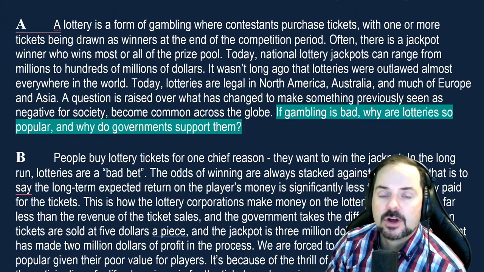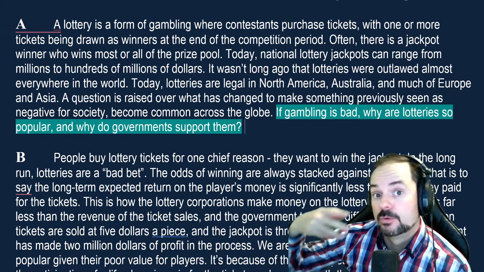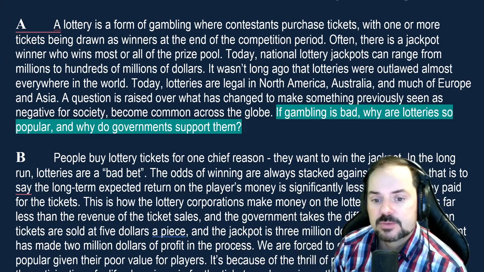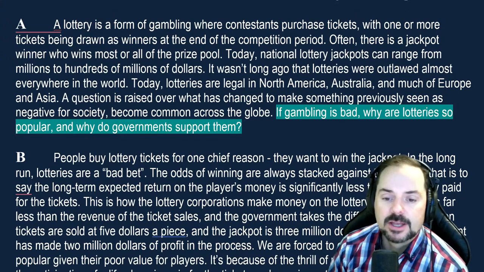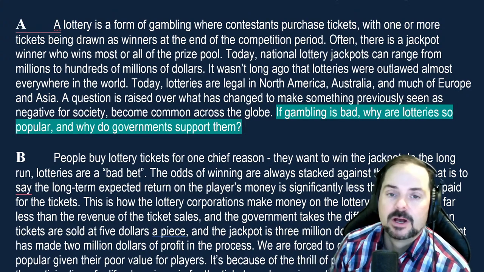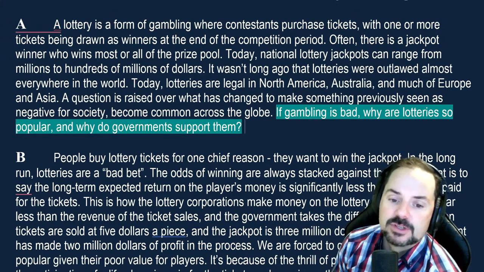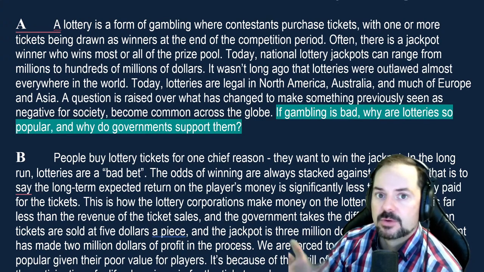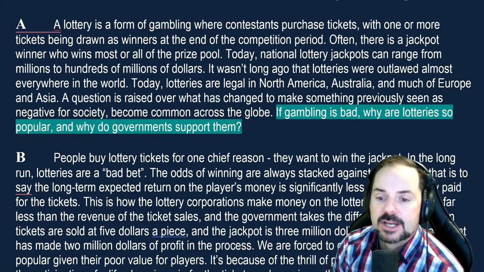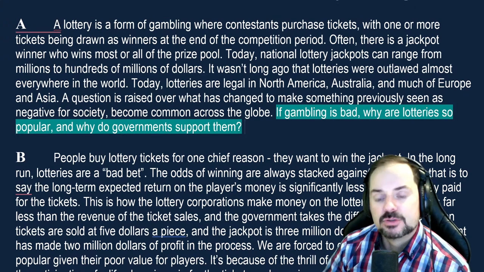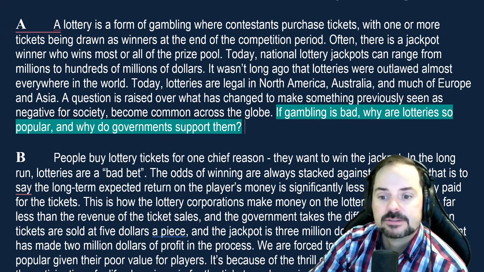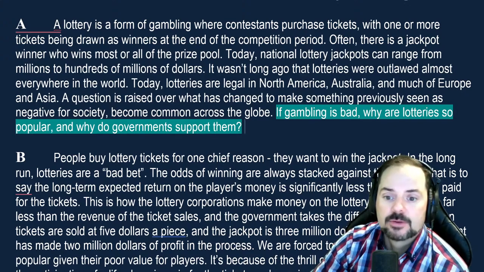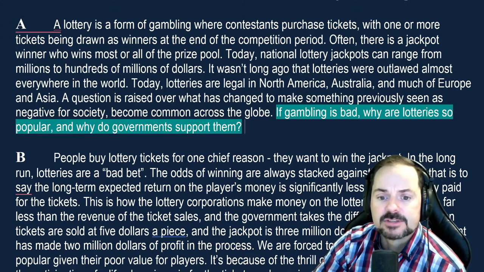So the author wants you to have your own opinion about lotteries while they also answer this question. But in the IELTS Task 2 writing, I do not recommend using a question because it's quite a tricky way of writing an essay. So just use a statement. But in this case, it is a question, and you identified it correctly, and you identified that this is what this author will discuss in the next paragraphs.